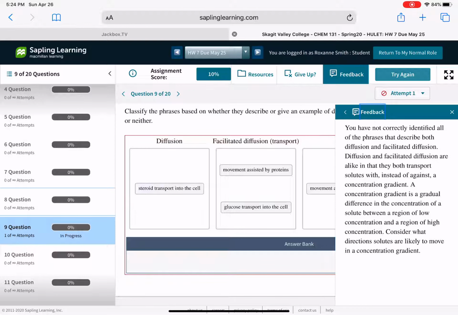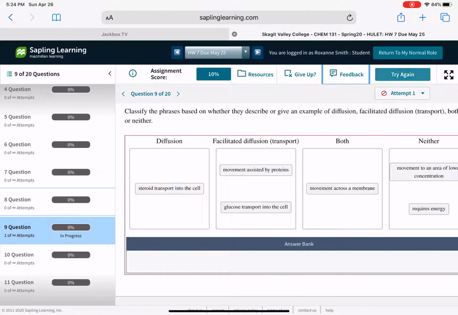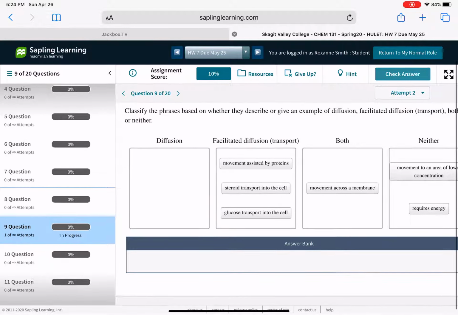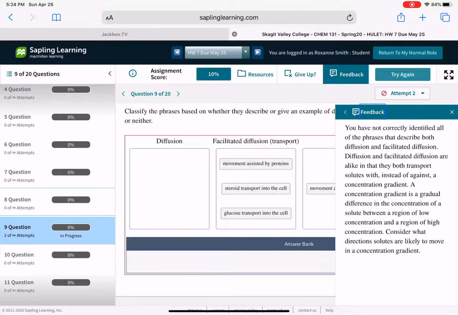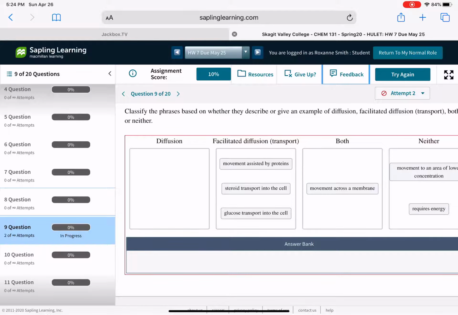No, I have done something wrong. Maybe steroid transport is not either one of these. Let's try again.